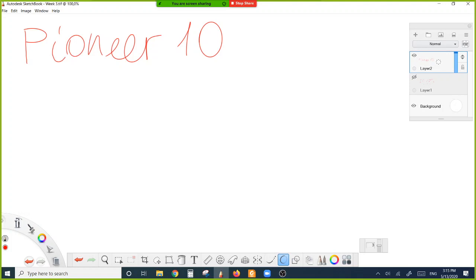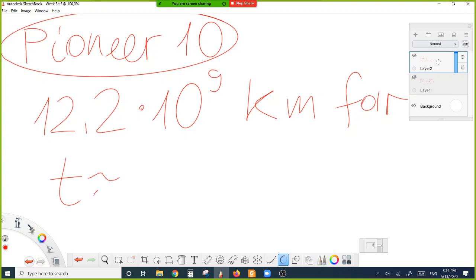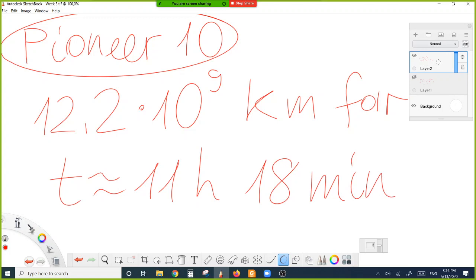which is as far as 12.2 billion kilometers from Earth, and the time which is needed to receive a signal from this space probe was something about 11 hours and 18 minutes.